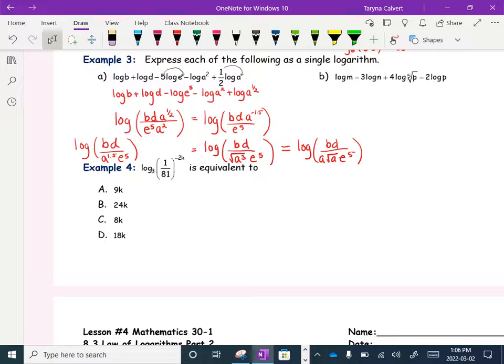Realistically, this is simplified as well, because it didn't say you had to change it to radical form. So again, all of them are equivalent. If you get to here and it's not written like BD over A to the 1.5, E to the 5th on the bottom, and they write it this way in a multiple choice, you still circle the right one, because you realize it's the same thing.